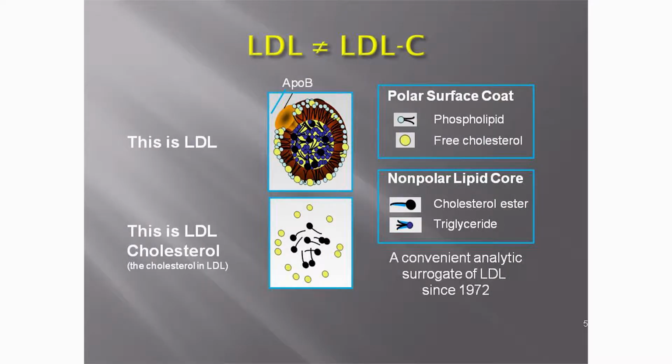Well, first of all, it's important to understand that LDL does not equal LDL-C, or LDL cholesterol. LDL is a particle that carries cholesterol and triglycerides around the body. It is important to particularize cholesterol and triglycerides and not to have these fats free floating, because otherwise we'd have problems.